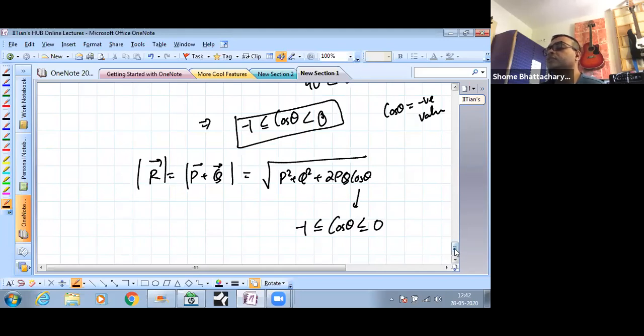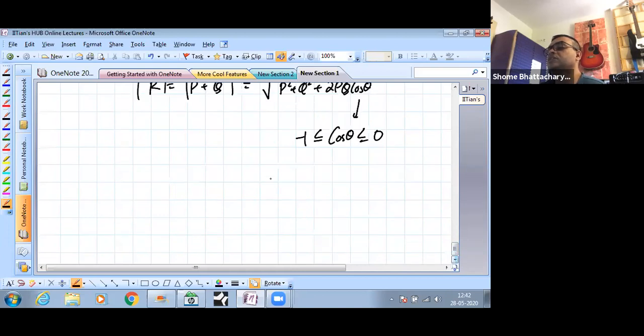Okay, it can't have positive values. So what is this resultant's maximum value? It's not even equal to 0. It's less than 0. To understand here, 90 is not possible. It's obtuse, no? It has to be greater than 90.